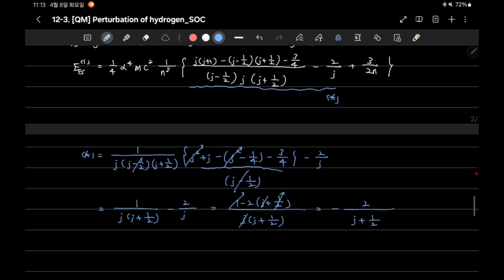So this fine structure first energy correction is 1/4 alpha to the 4 mc square 1 over n cube, and minus 2 over j plus 1 half plus 3 over 2n.